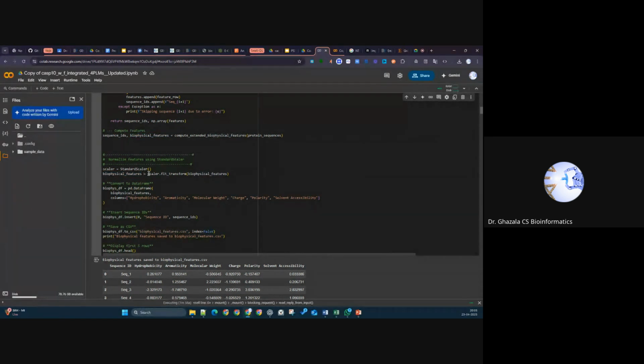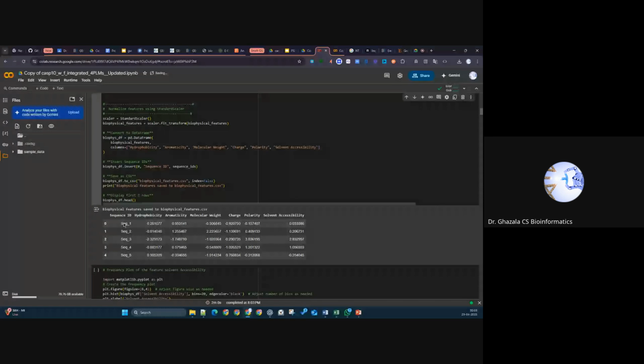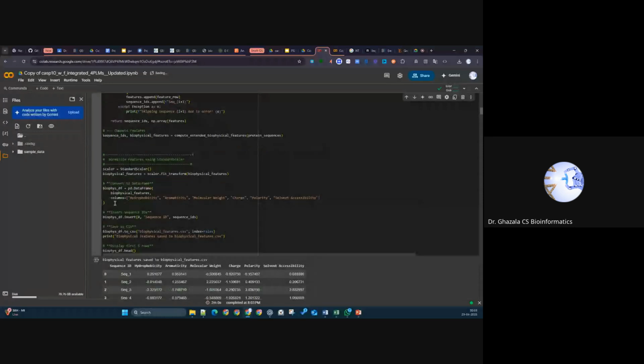So whenever we are scaling or normalizing our data, that normalized data is saved again into biophysical features, which is the default feature that we are using everywhere. Otherwise, the script was not generating the normalized model.